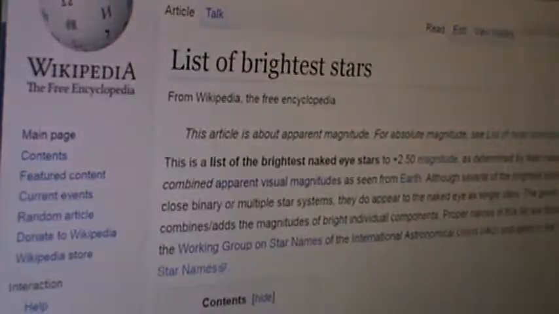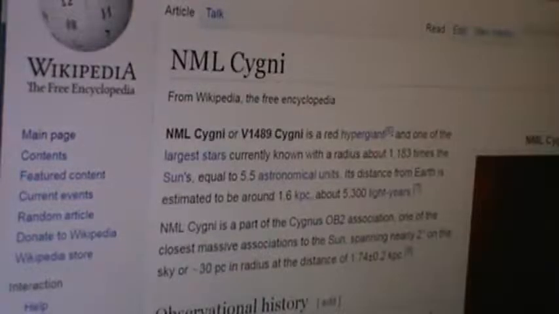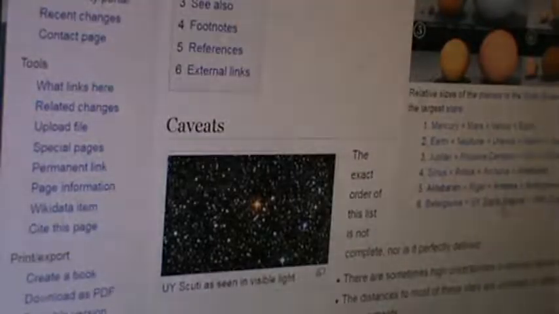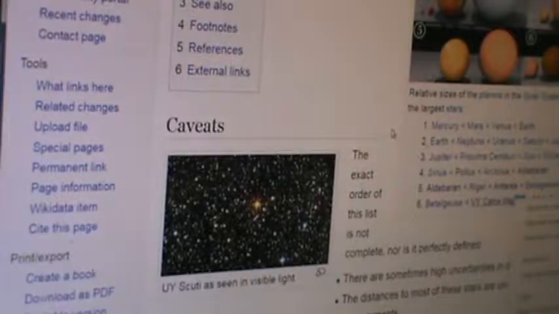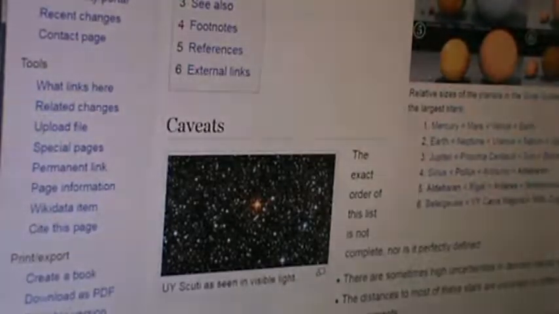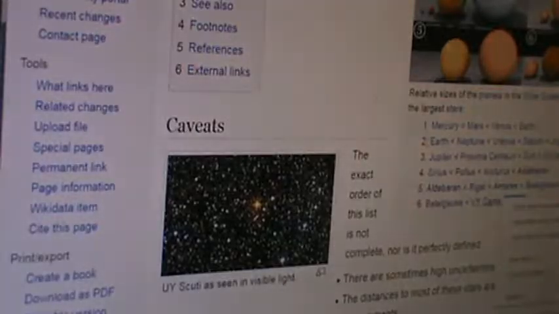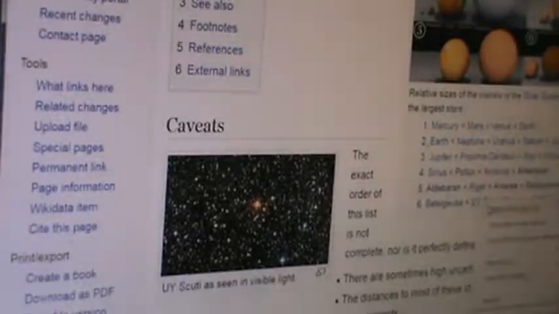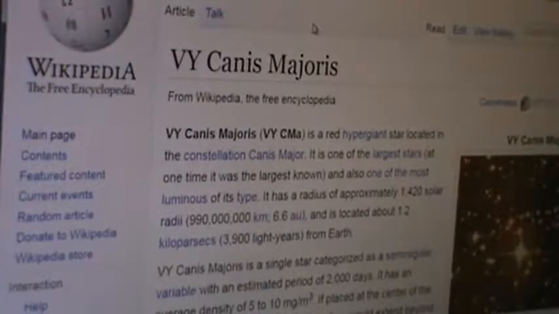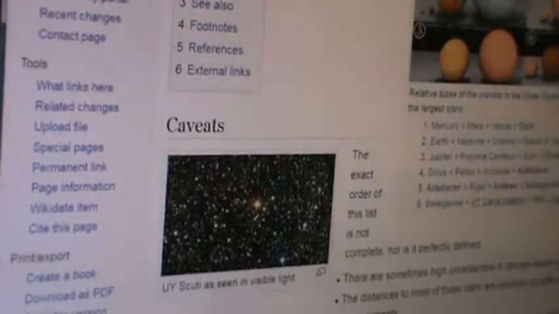So the list of largest stars, and then Canis Majoris practically ends in Father. All right, we've really screamed this one really high. Okay, but that was cool. Oh boy, well, that was fun.